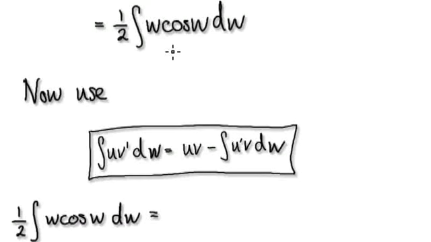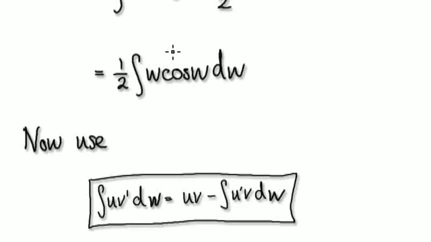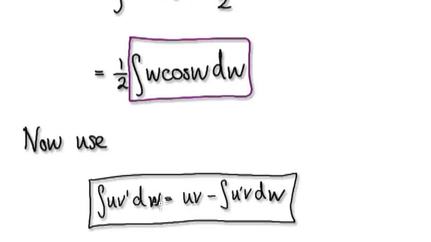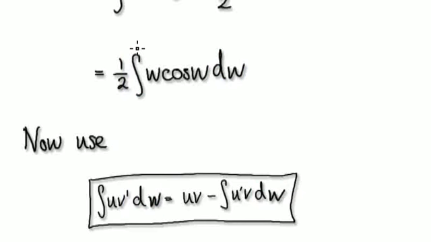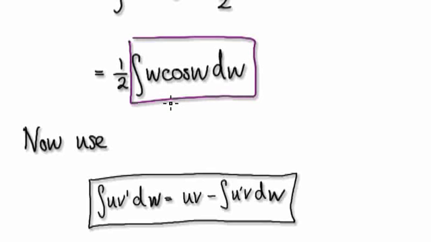So integration by parts. Remember, we are now trying to integrate this. So our normal formula would be to use u prime, and then our normal formula was this, dx. But because we are integrating with respect to w, then our new formula here would be dw, because we are trying to evaluate this at the moment.